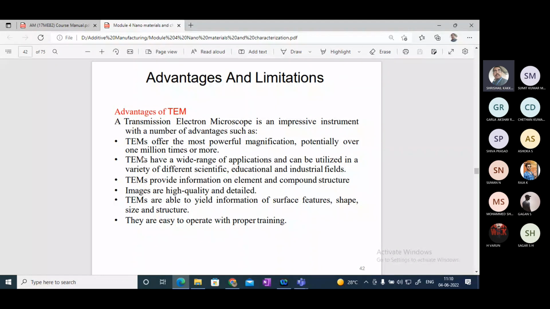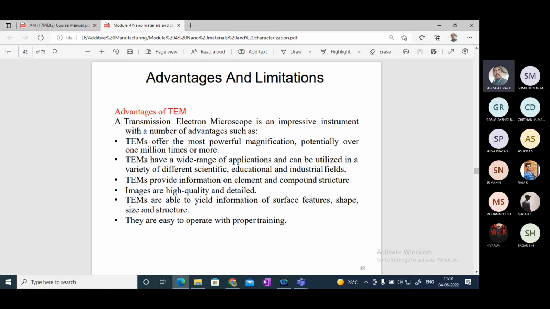So we can study the inner details of the synthesized nano material, and even look at the bonds between the nanoparticles, the distance between the nanoparticles and the orientation of the nanoparticles. And now you know the very important thing: the nanoparticle alone, how it behaves, it will not behave in a group.